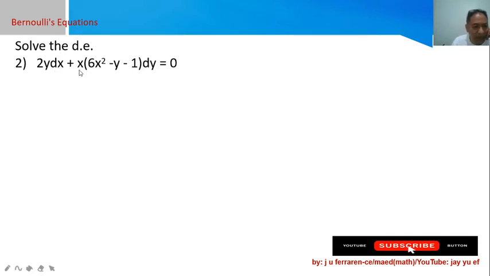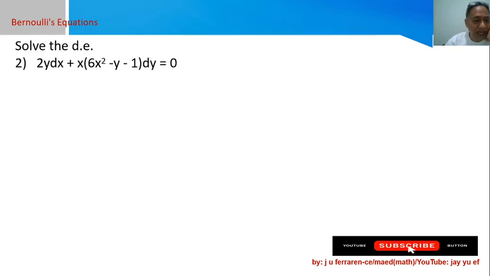But if you check, it's not linear because our x has a power which is cubed, not a term wherein the exponent of your x is 1. So this cannot be linear, but this can be a Bernoulli equation in x.